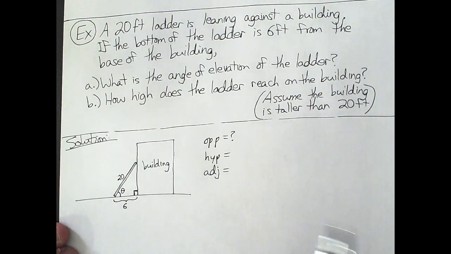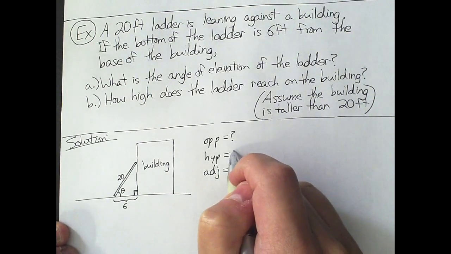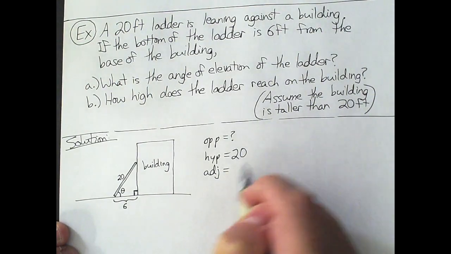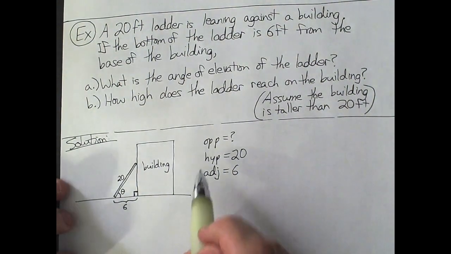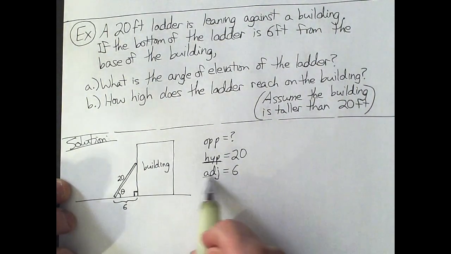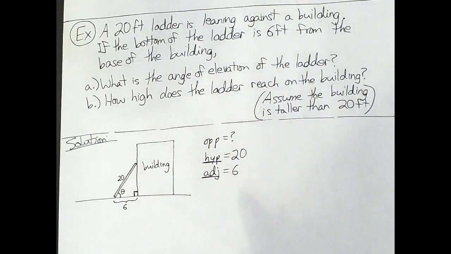I could find it with the Pythagorean theorem, but let's just list the things that we know for sure. We know this is 20, and we know this is 6. So if we know the hypotenuse and we know the adjacent side, which of the three major trig functions is going to work with these?